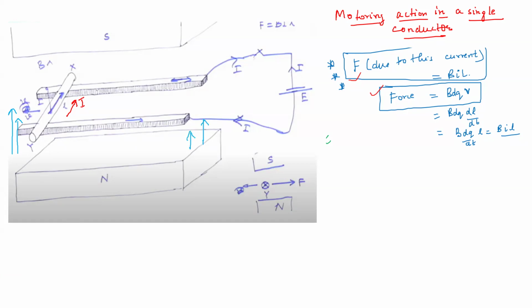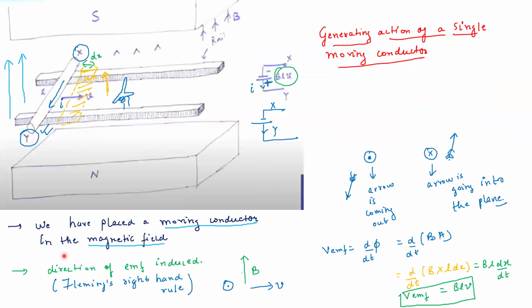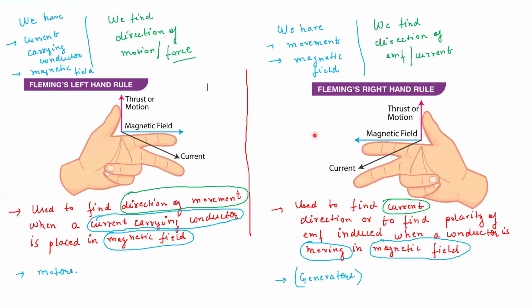And then we have the current carrying conductor. We know from our discussion in the first slide, so let us go to the first slide, that if we have a current carrying conductor placed in a magnetic field, it will experience force, and the direction of force can be found using Fleming's left hand rule.